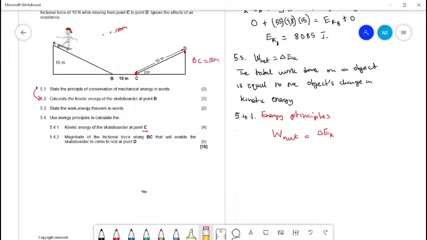So we need to get the individual forces. The individual forces acting here are our Fg that is going down, we have our normal force, Fn, and we also have our frictional force. Since this thing is moving up, the frictional force will be going down, F of k. So that's our free body diagram, right?